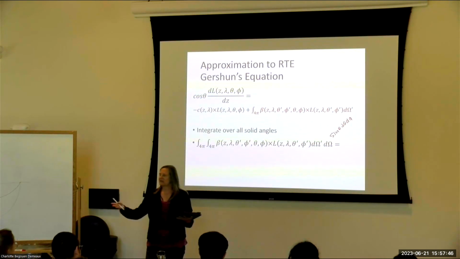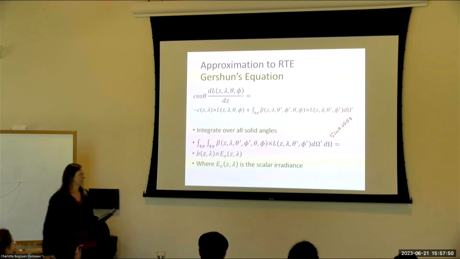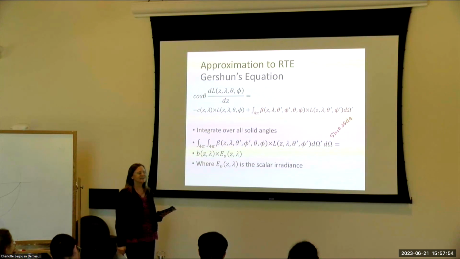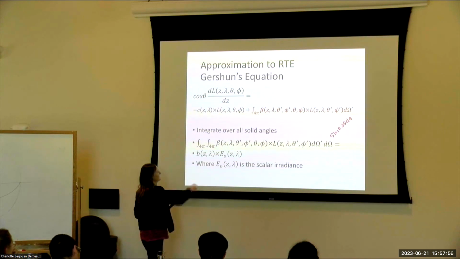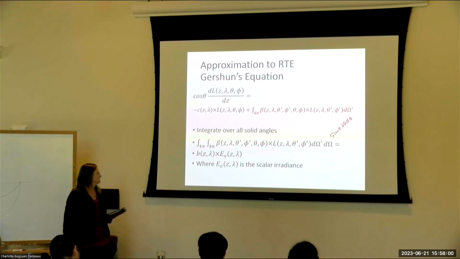You just integrate it under the volume scattering function curve, and that's scattering. Right? So now we have B times the scalar. Well, this is just shaping up. Right?